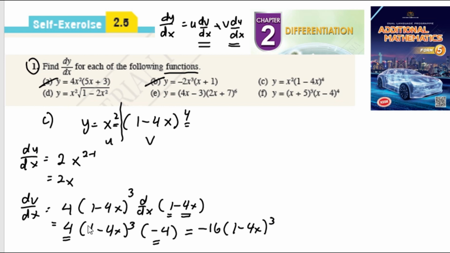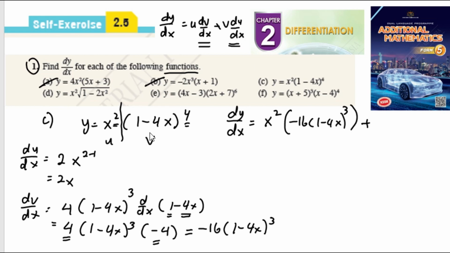Now you have du over dx and dv over dx, u and v, so you can do dy over dx. So dy over dx is equal to x squared, and then u times dv over dx. dv over dx is this one, negative 16 times 1 minus 4x cubed.